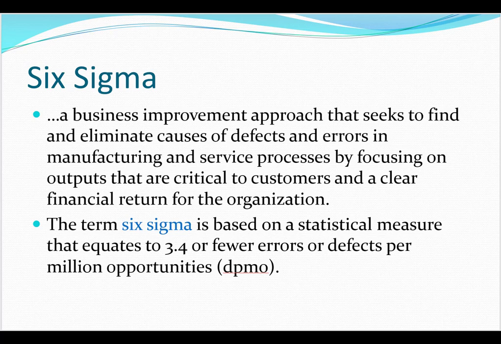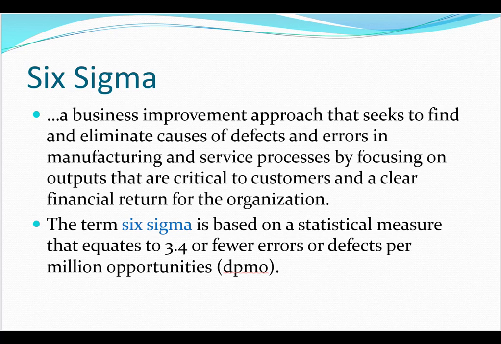So that bottom line is the focus, and there has to be some financial justification for doing the Six Sigma project. The term Six Sigma is based on a statistical measure of having 3.4 or fewer errors per million opportunities, or DPMO.